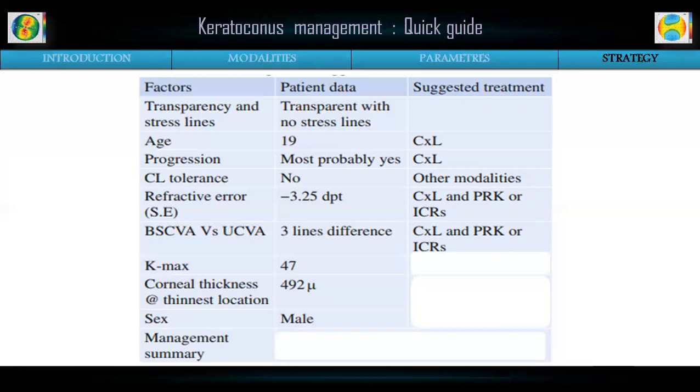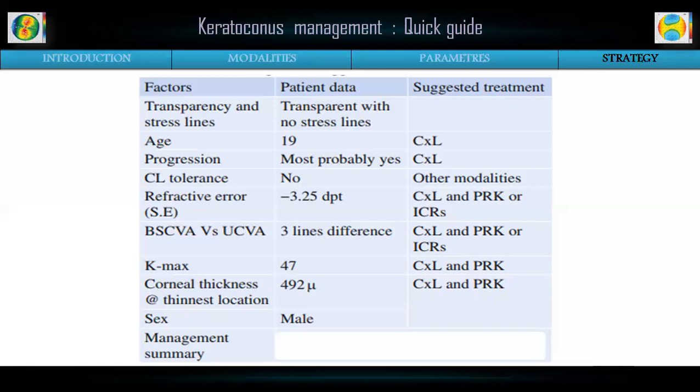Kmax 47, less than 58. So always cross-linking and PRK. For the thickness, we have 492 microns, so we can do cross-linking and PRK, and also intracorneal rings.